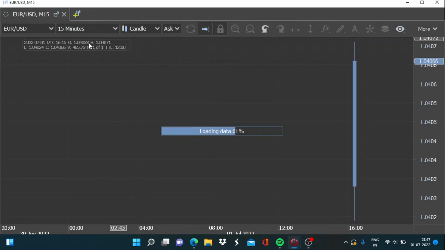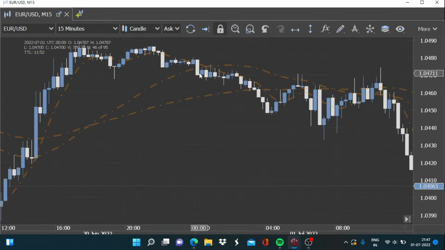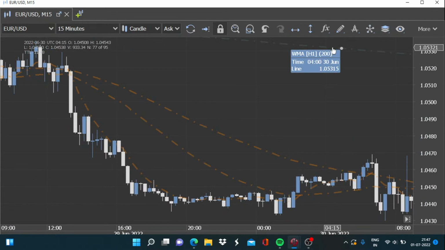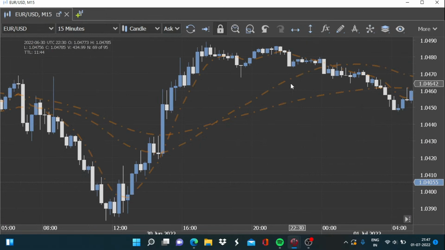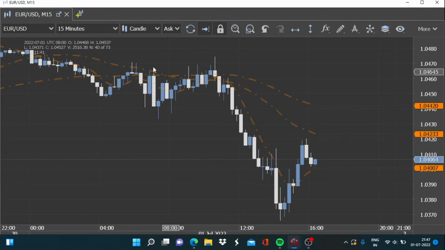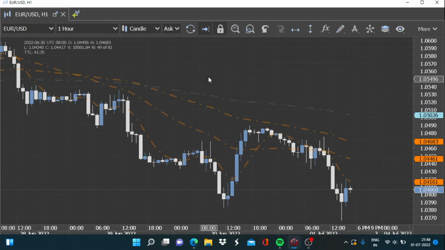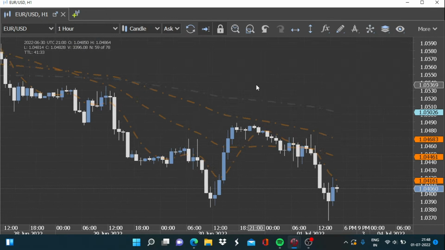So the WMA calculation will be dependent on that data which we have opted for, and not the candle period of this chart. So this WMA is being calculated on the 200 hours of data, even though the candle period is different. So that's how this works, and it makes our life easier. Adds more fun, you can say.